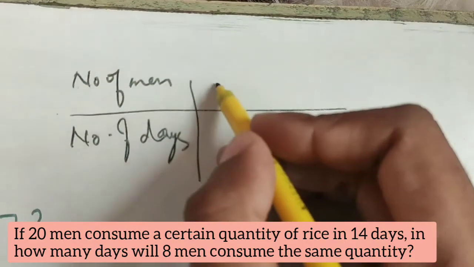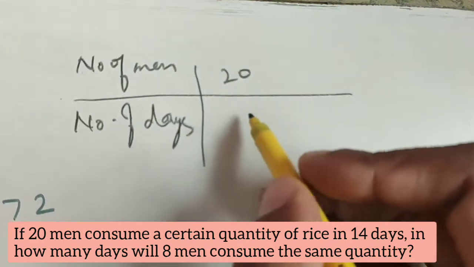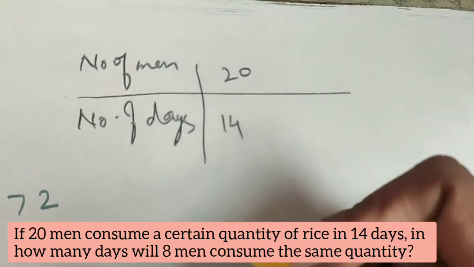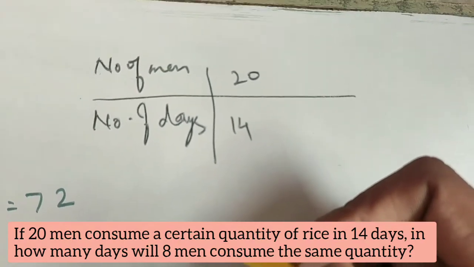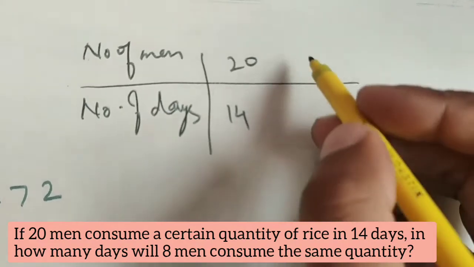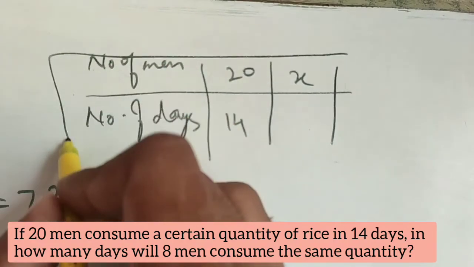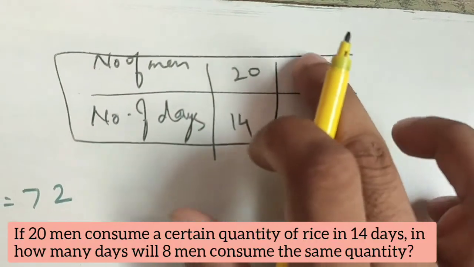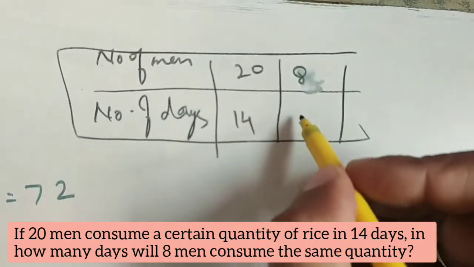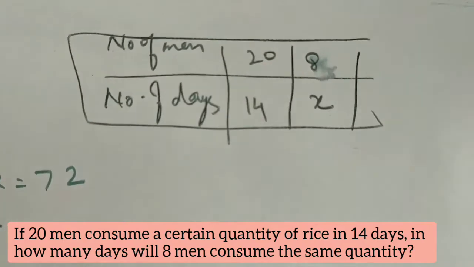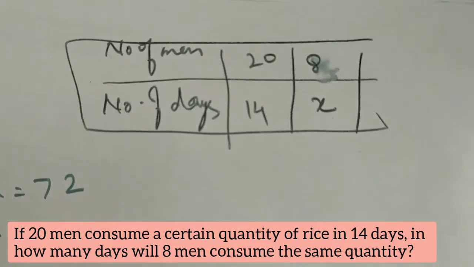If the number of men is 20, they consume the rice in 14 days. In how many days will 8 men consume the same rice? If the number of men is 8, in how many days will they consume the food?